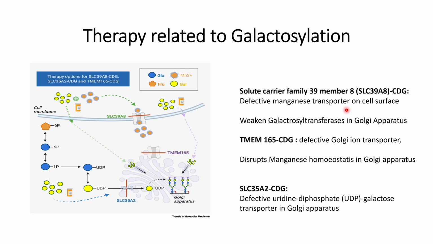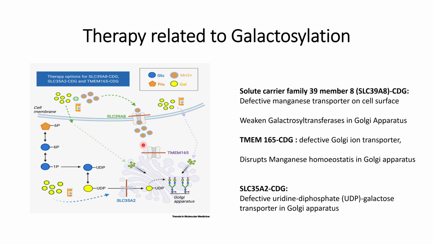In order to counter this weak manganese transporter on the cell surface, one of the therapies that is suggested is the oral supplementation of manganese sulfate. When more manganese is available to this impaired manganese transporter, there is a great possibility that higher manganese transfer will occur compared to the defective case.